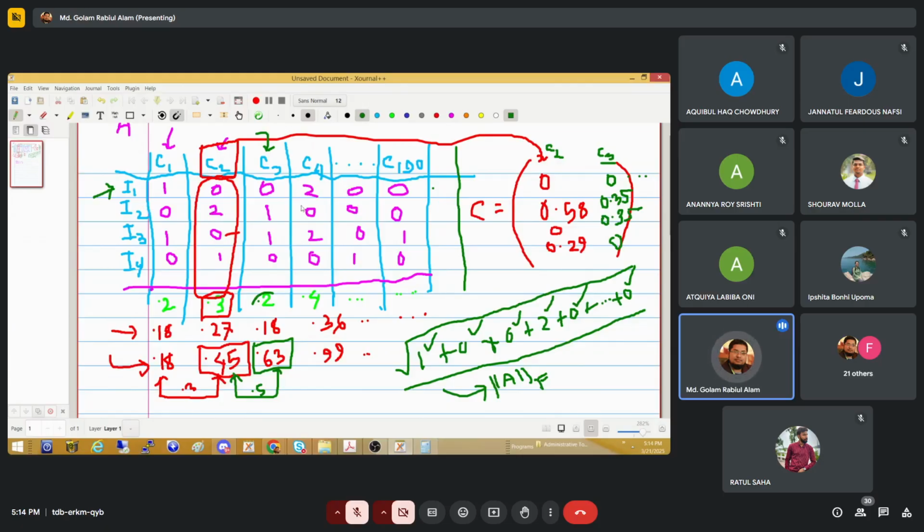Just assume that the probability we'll get for this is maybe 0.1, and then for this one again we have to calculate the same. That means the probability distribution for I2, maybe it is 0.3, and then the probability distribution of I3, maybe it is 0.2, and I4 maybe it is 0.1, like this. So M is 4 here, only in our small data set.